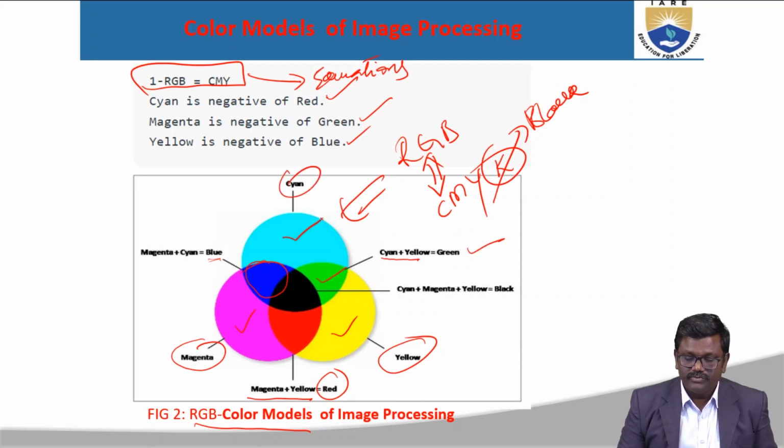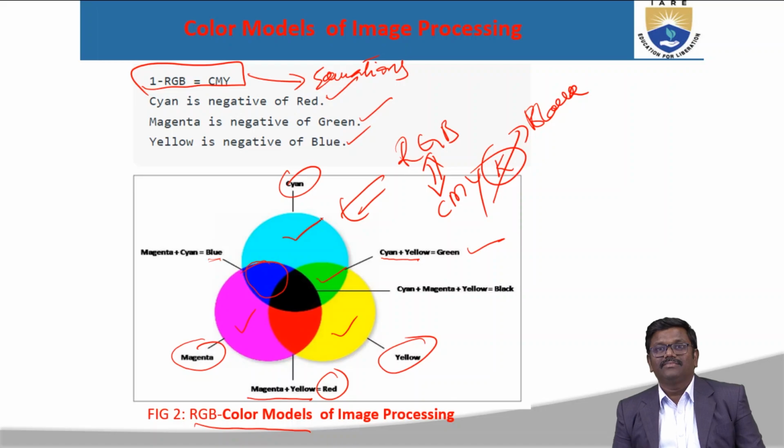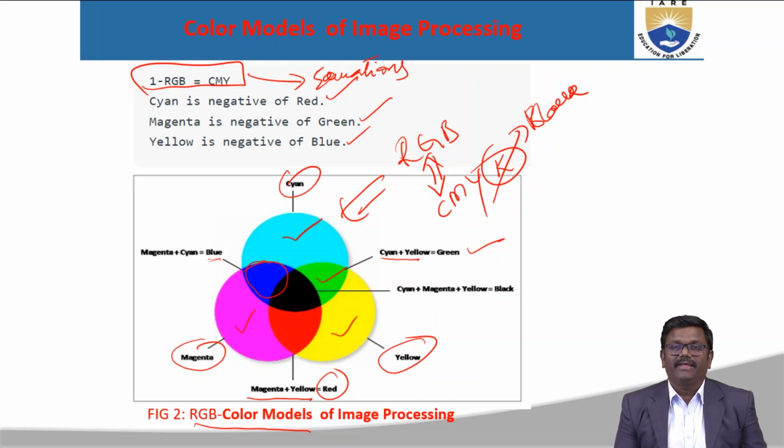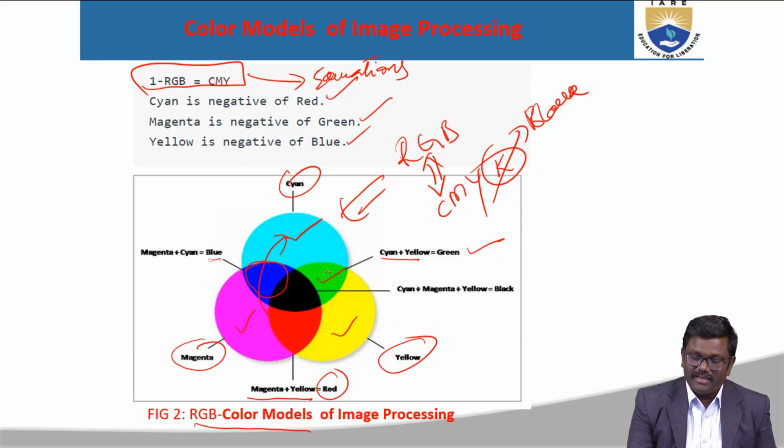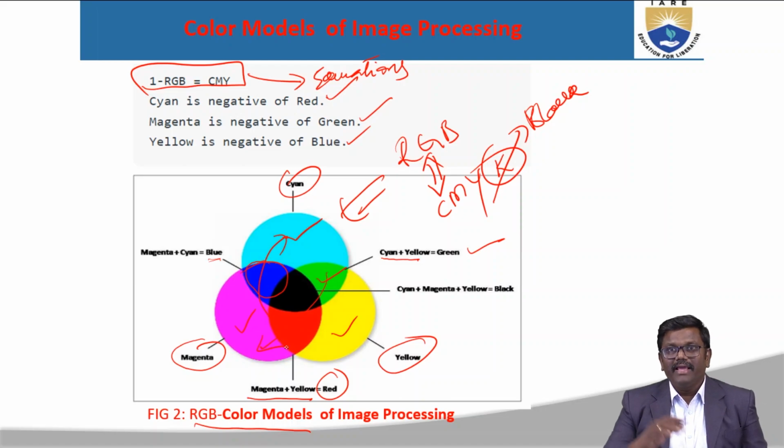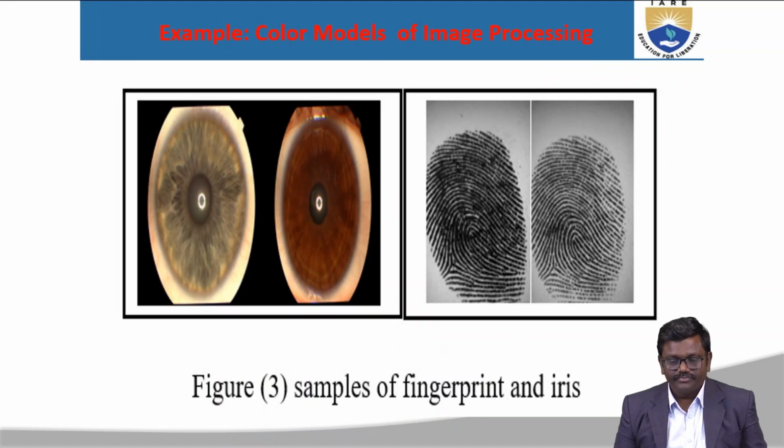So we got these colors of the models from the RGB only, by subtraction: cyan is the negative of red, and magenta is the negative of green. Where is green? Here. Like that, we can form the required model, which we call the color model conversion from RGB to CMY.